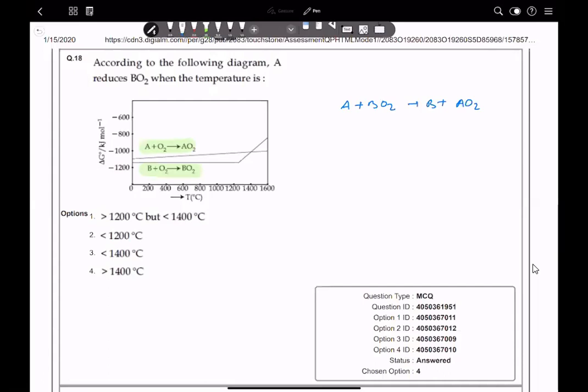Right. So the actual process of the reaction is, if I say for this reaction delta G1 naught and for this reaction delta G2 naught, then for the overall reaction delta G naught will be equal to delta G1 naught minus delta G2 naught. And you want this value to be negative.